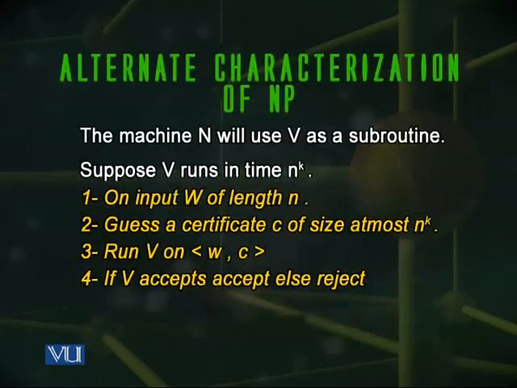The verification algorithm is a polynomial time running algorithm, so let's say that the verification algorithm runs in time n to the k. Then here is a description of the non-deterministic Turing machine N. On input W of length n, it will guess a certificate C of size at most n to the k. Then it will run the verification algorithm V on the pair W, C. If V accepts, it will accept, otherwise it will reject.